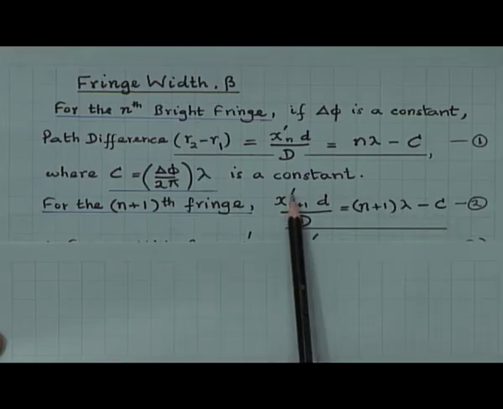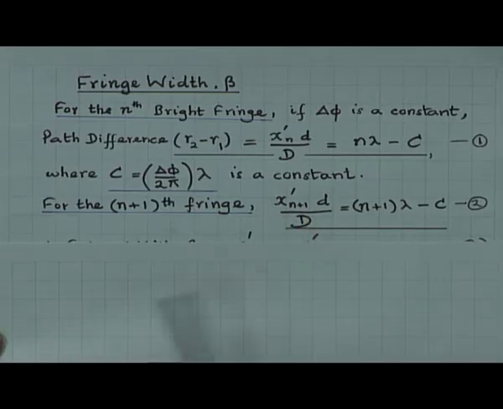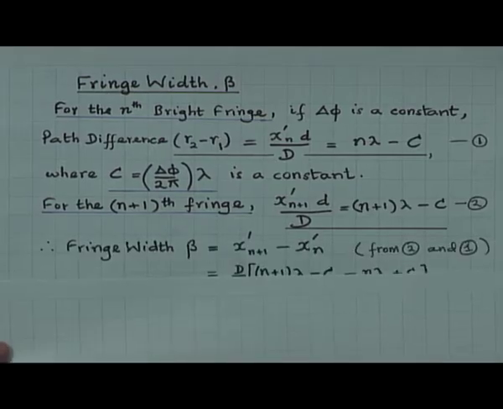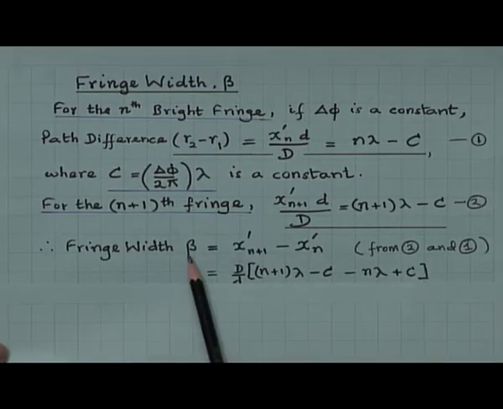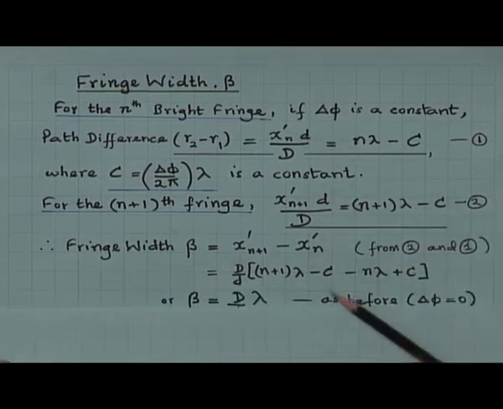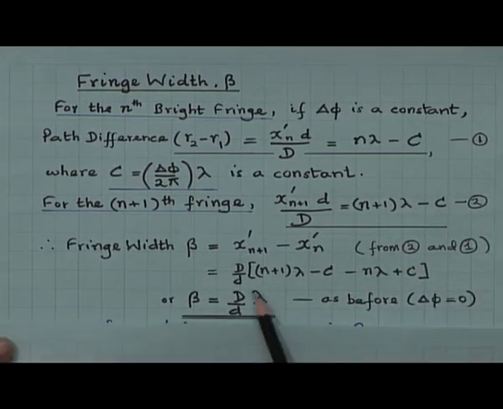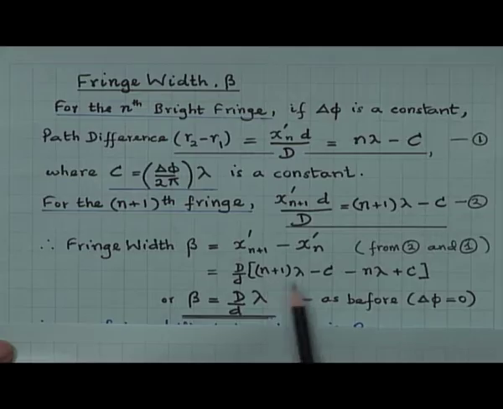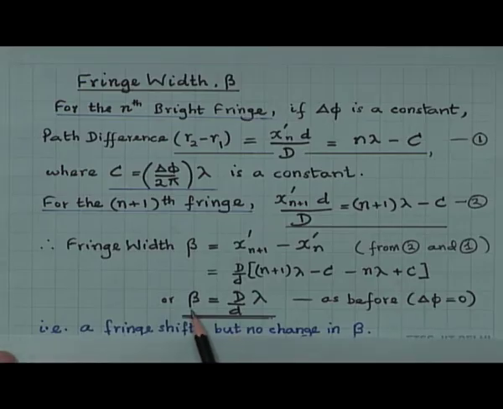The dash is only to represent the case where there is a finite delta phi, it is not a derivative or anything. Therefore, the fringe width beta is equal to x n plus 1 dash minus x n dash. If we subtract, we have D by d into (n plus 1) lambda minus c minus n lambda plus c, which is equal to D by d into lambda.